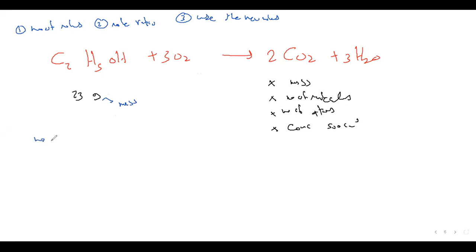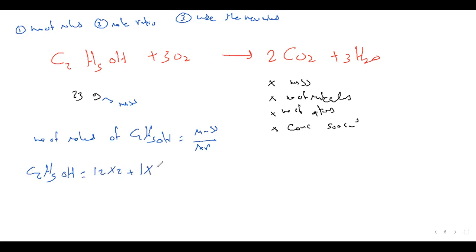So number of moles of ethanol, C2H5OH, is equal to mass over molar mass. The molar mass of ethanol, C2H5OH, from the periodic table: C equals 12 times 2, plus H equals 1 multiplied by 5, plus 16 plus 1, equals 46 grams.